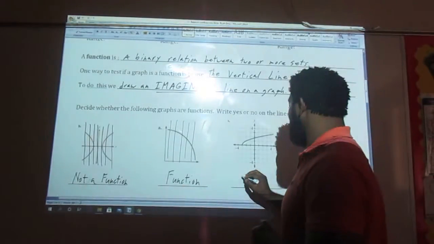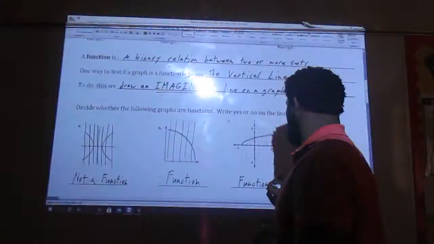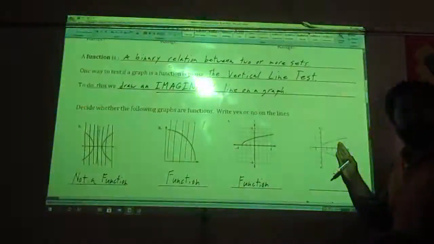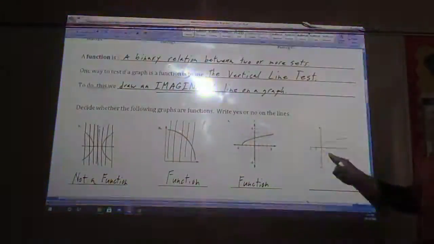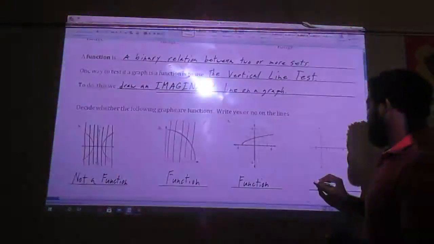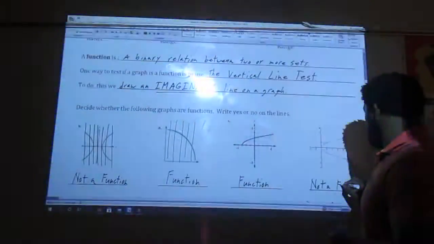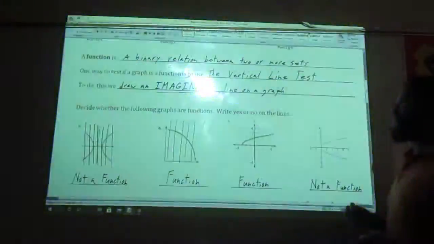Yes, this is a function. Okay? What about this one? Is it hitting these imaginary lines more than once? Yes. Is it a function? No. Not a function.